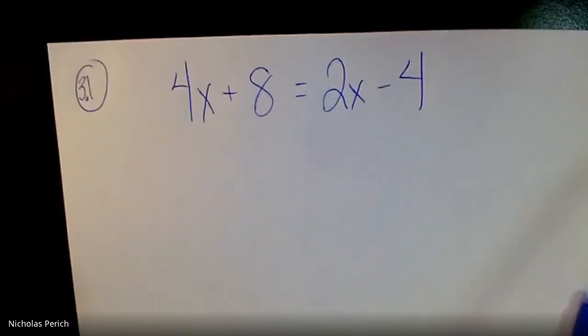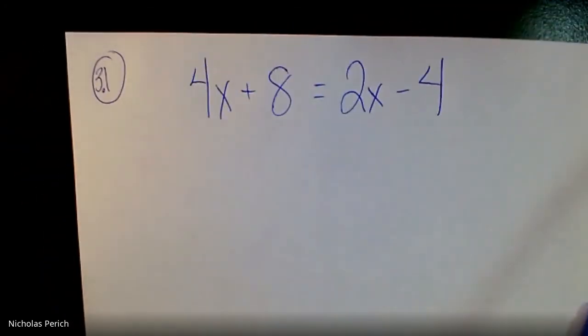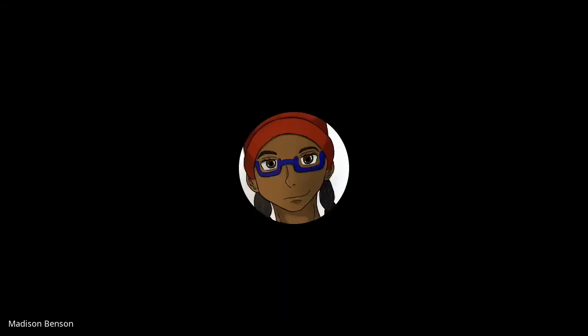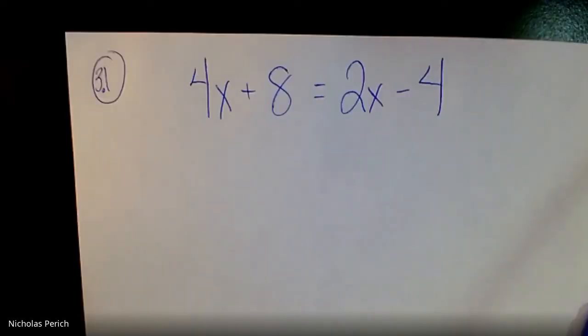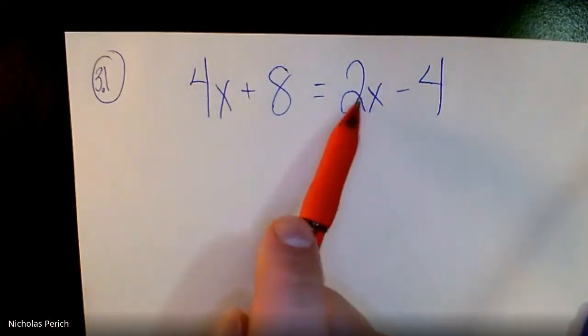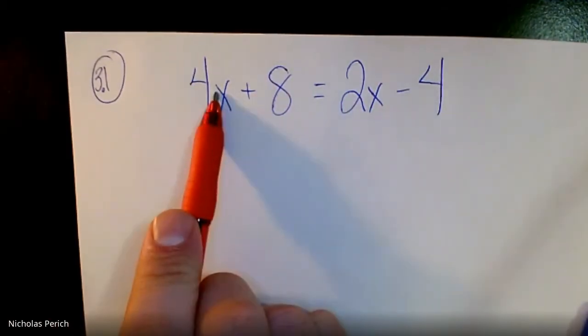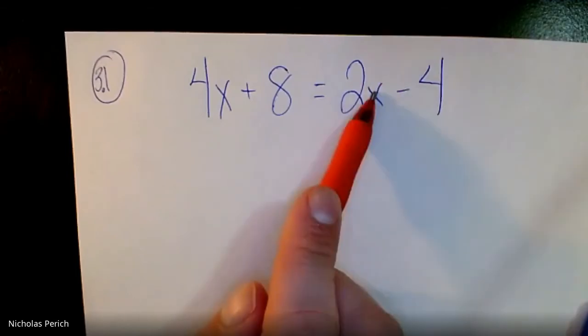Now, unmute yourself and tell me what I should do first. Or you could put it in the chat. 2x minus 2x. So I have a 4x on the left and a 2x on the right.